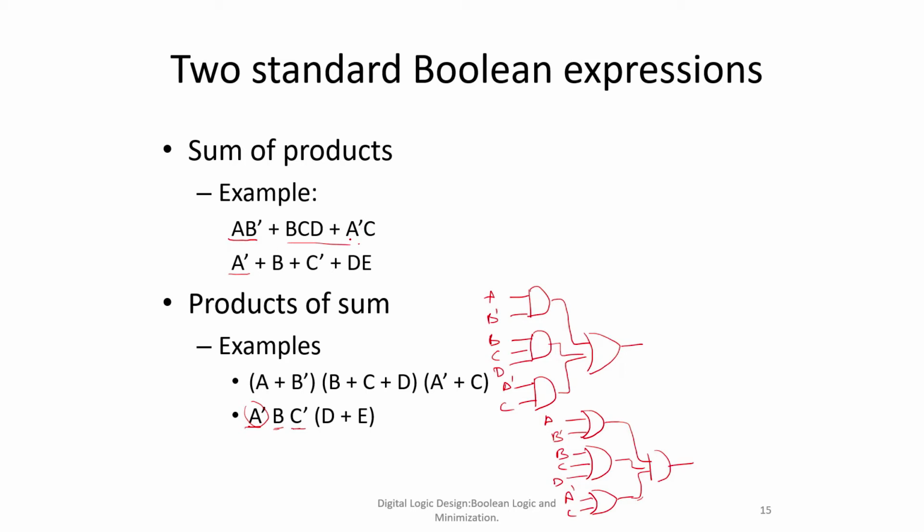Here also it is the case, 1, 2, 3, 4, 5, 6, 7. So 7 is the number of literals and the total number of terms is 3. So the total complexity of both of these is essentially the same. That is why we try to represent most of our equations either in the form of sum of products or product of sum.